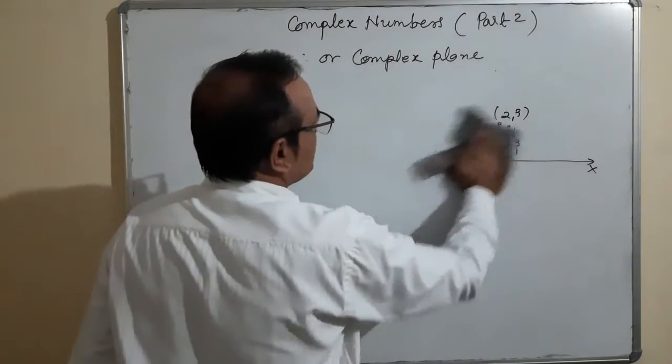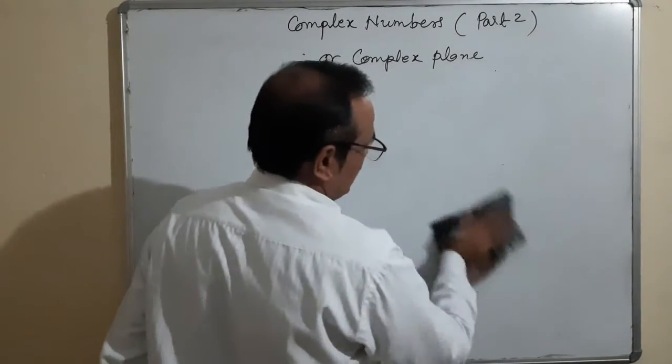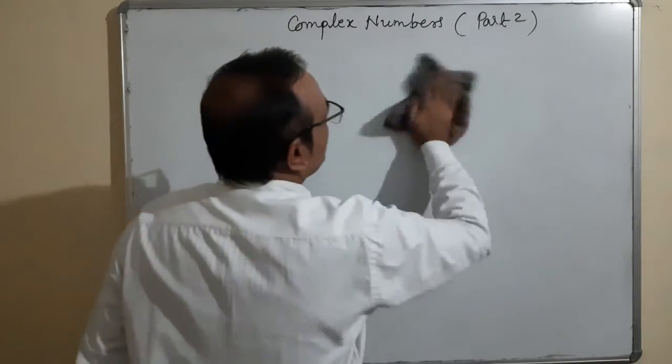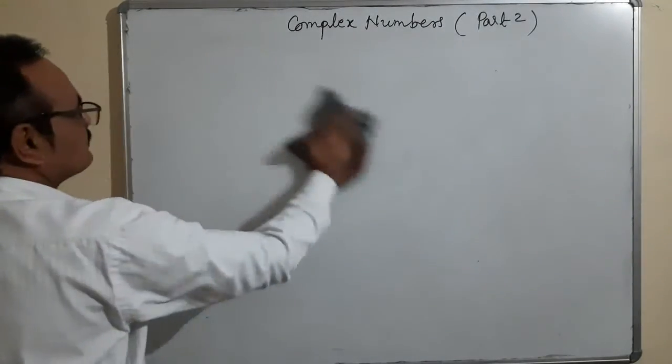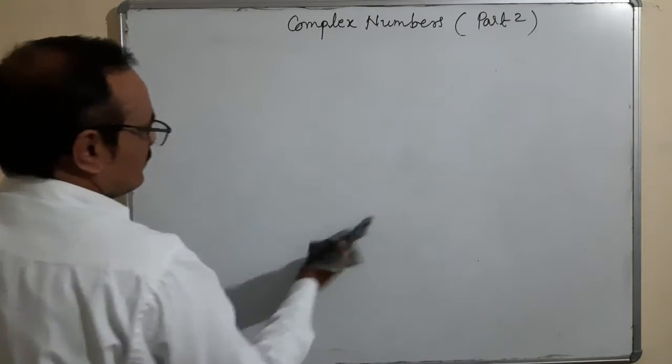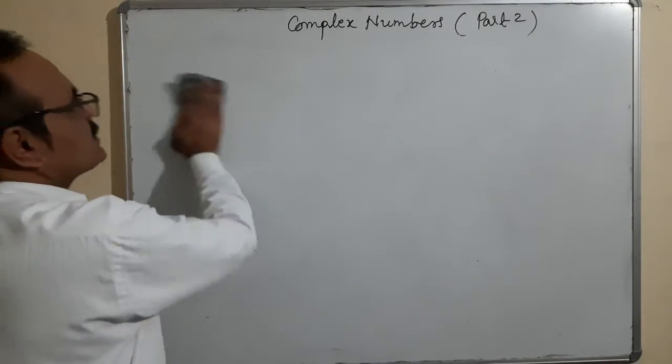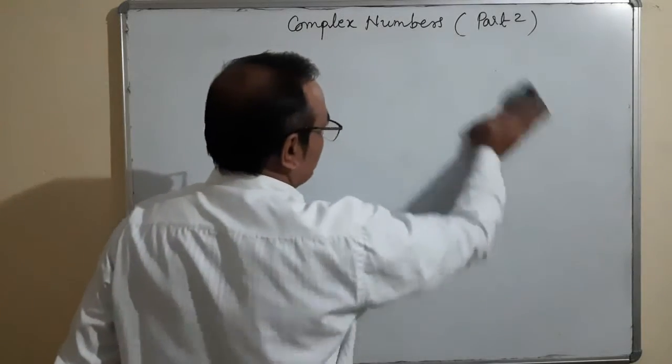In the complex plane, there are 4 quadrants, as you are aware. Polar representation, the polarization of anything, depends on the angle.